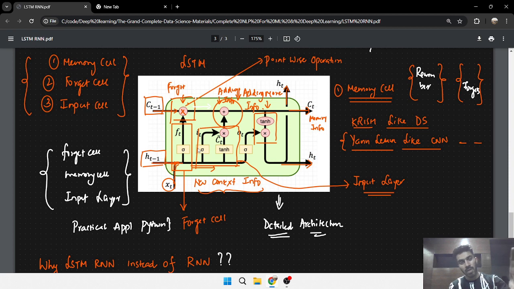But suppose the old information is 0.9, and this time you pass information which is not required, like 0.1 only, or 0.0001. If you multiply these two vectors, you will get a very small value. That's why this plays a very important role. This will forget information and give you a very small vector. That's how this operation works. I think you are able to understand what I have explained.